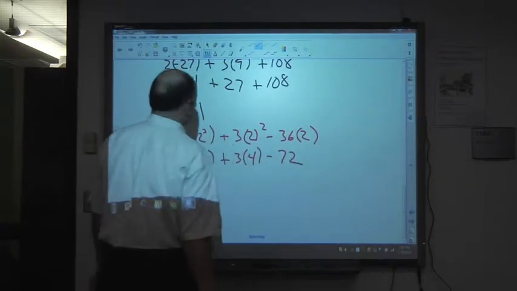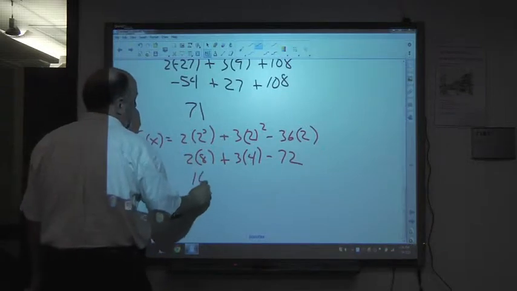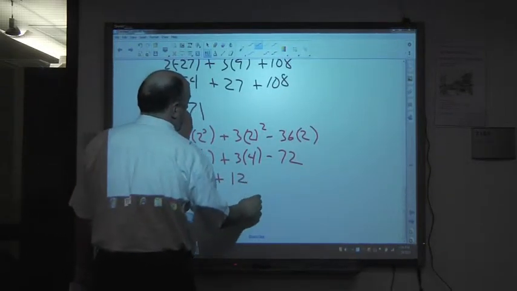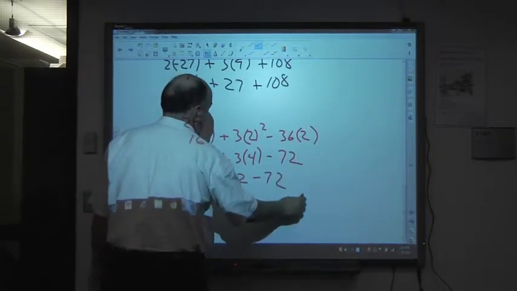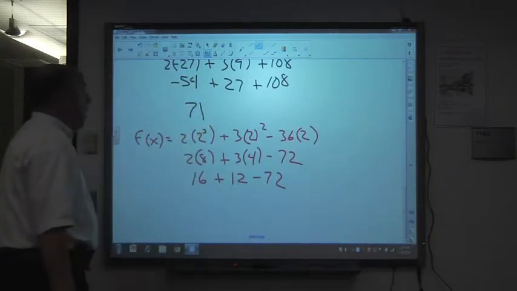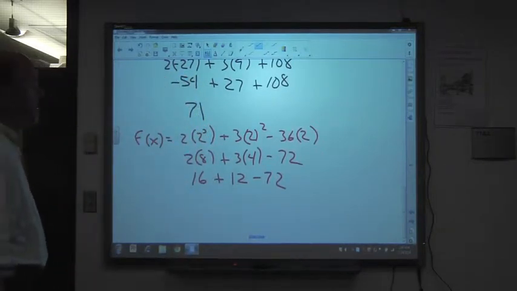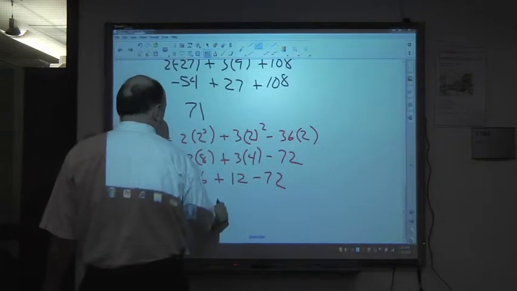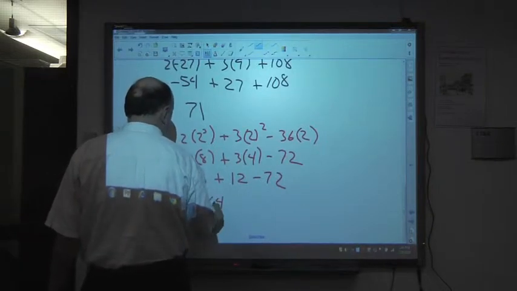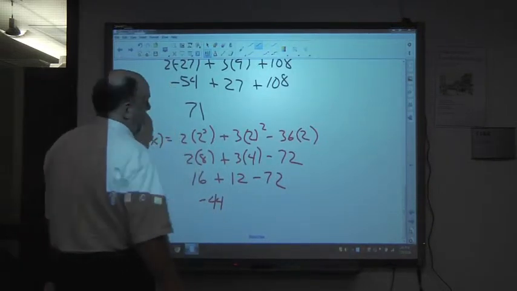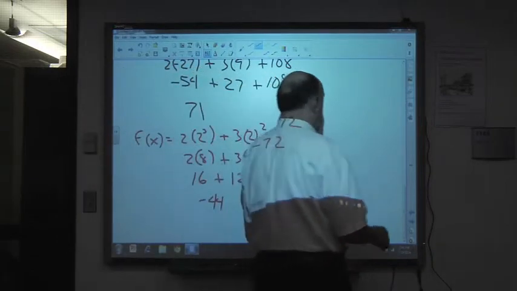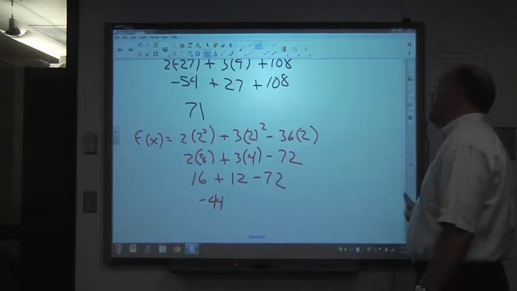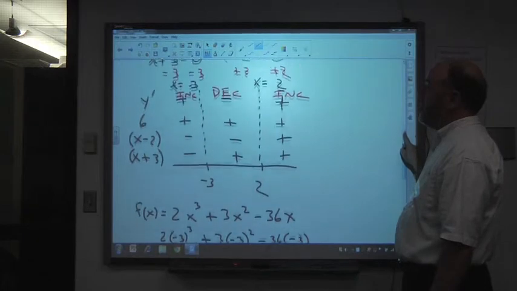That is 72. So 16 plus 12 minus 72. And so that'll get us to 28 minus 72, that'll be negative 44. Okay. So we got the x and y coordinates in terms of our min and max, okay?